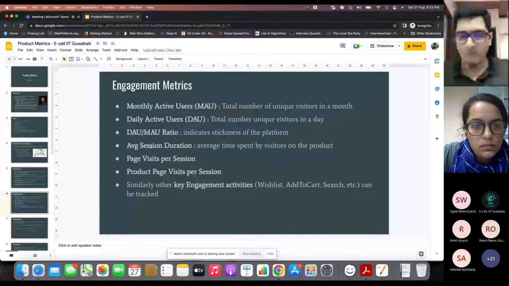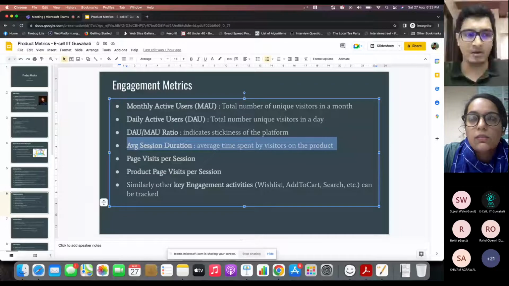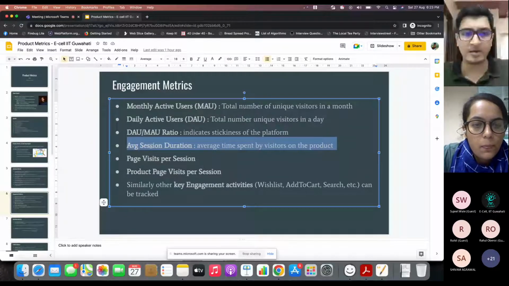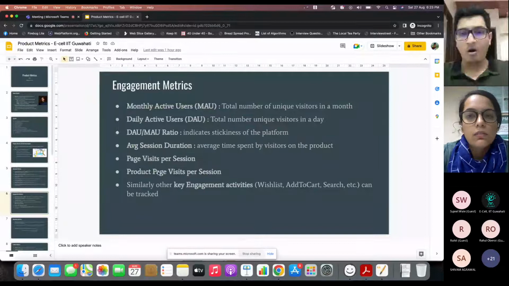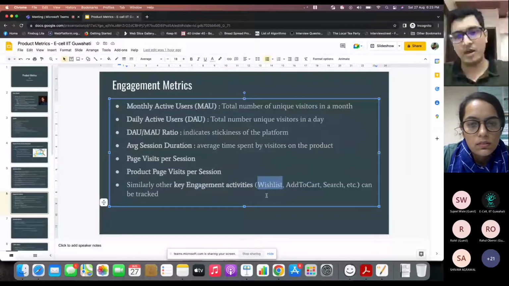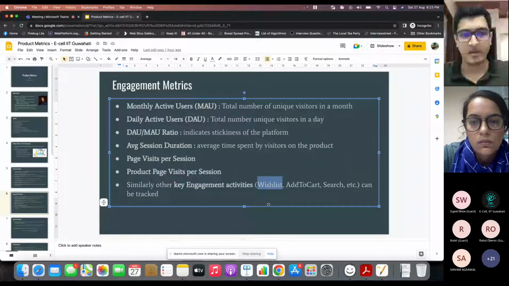So for them it might not be that tricky, but still they would want to track how it is trending, so that they can understand if it is dropping, why it is dropping, and if it is increasing, why it is increasing. Then there is the average number of page visits per session, product page visits, or other engagement activities. We discussed if a user is wishlisting, adding to cart, or searching, and how you could track those.